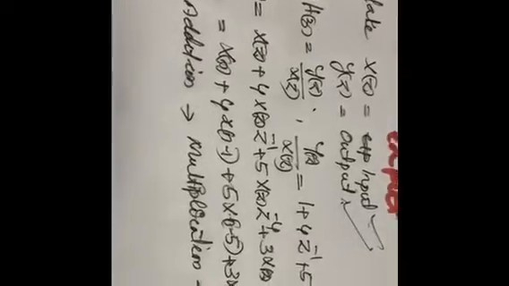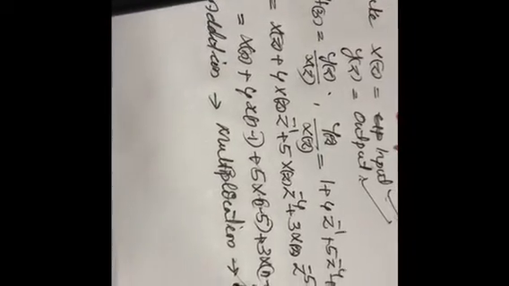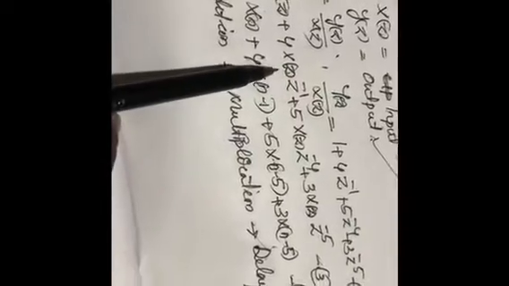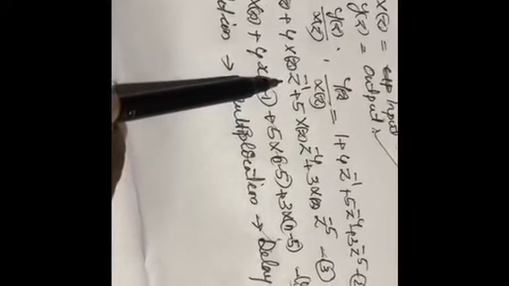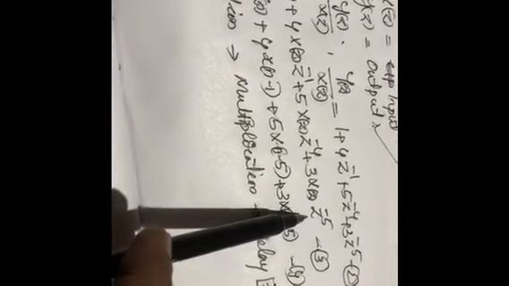Multiplying both sides by X(z), we can rewrite the above equation as Y(z) = X(z) + 4X(z)z^-1 + 5X(z)z^-4 + 3X(z)z^-5. Keep that as equation number 3.